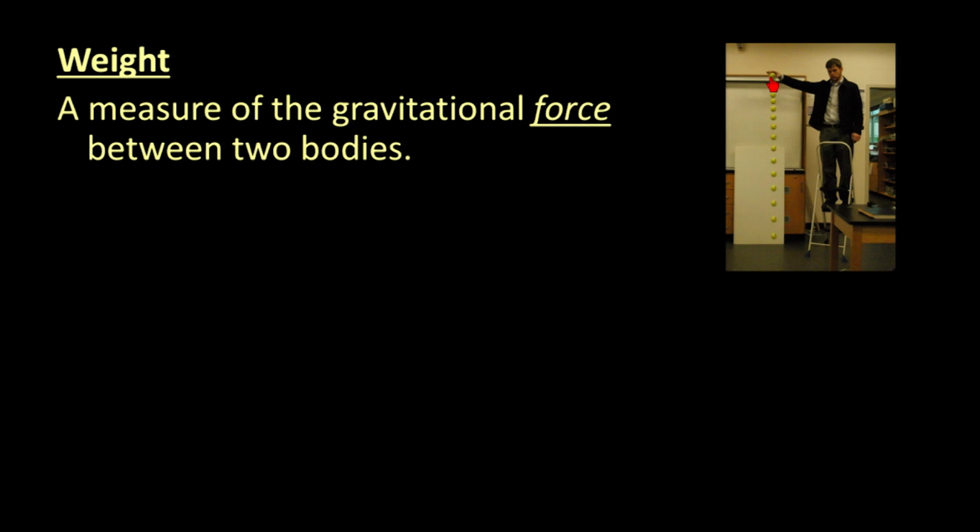When he drops the tennis ball, and this is a great picture, they used a strobe light and a multiple exposure in one single frame, you can see the tennis ball fall. Now we all know the tennis ball hits the ground, but if the ground didn't stop the tennis ball, it would have kept going.